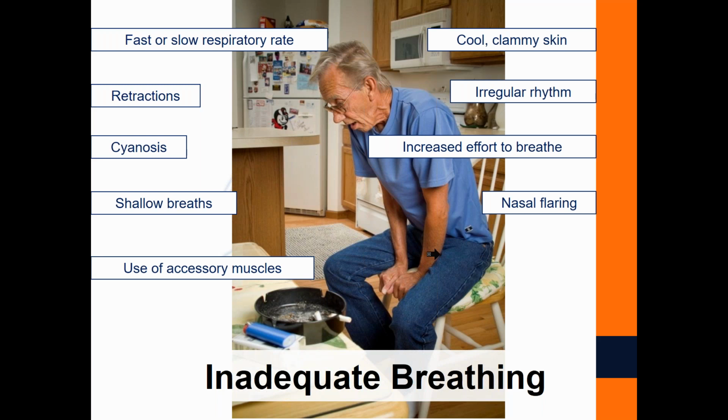It's just chest goes up, chest goes down. Breathing at its base is supposed to be noiseless, effortless, and painless. Anytime we see or hear noise, effort, or discomfort when it comes to breathing, guess what we've found? We have found inadequate respiration, period.